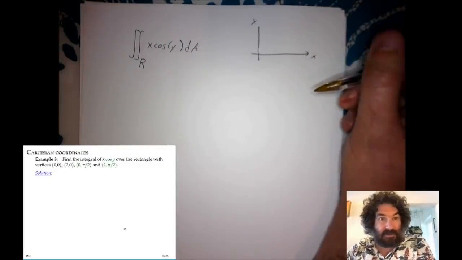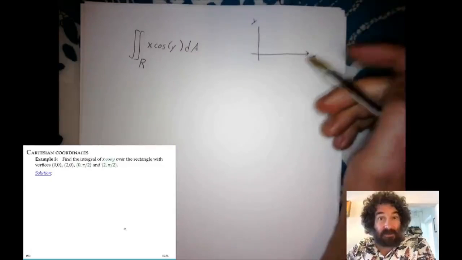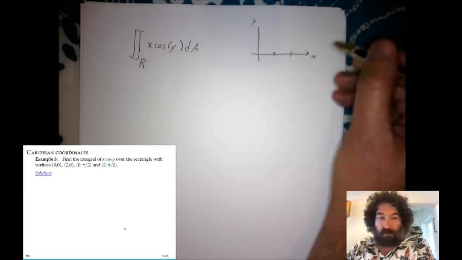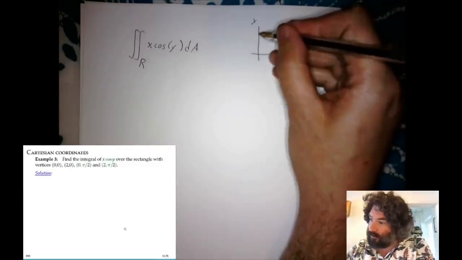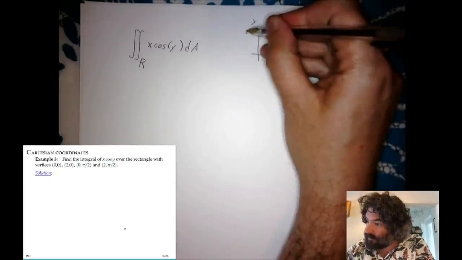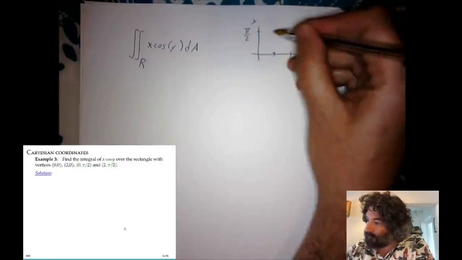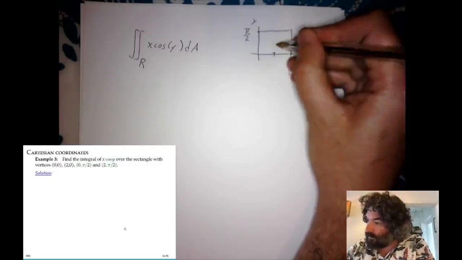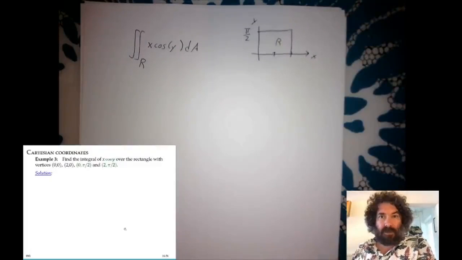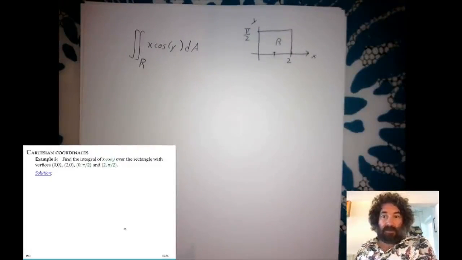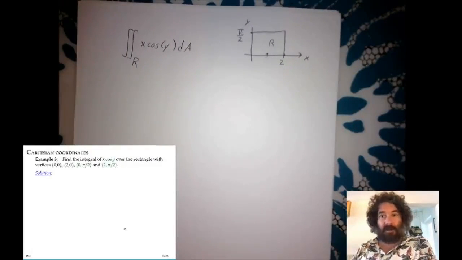Here are the x and y axes. We have that x goes from 0 to 2 in this case, and y goes from 0 to pi over 2. Pi over 2 is around 1.5, so let's just say it's here. Region R is this region.